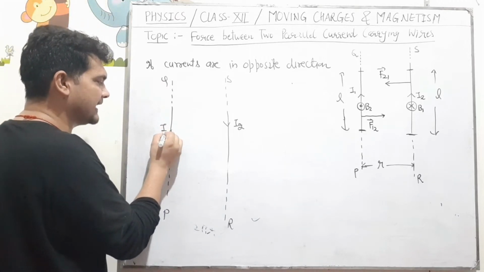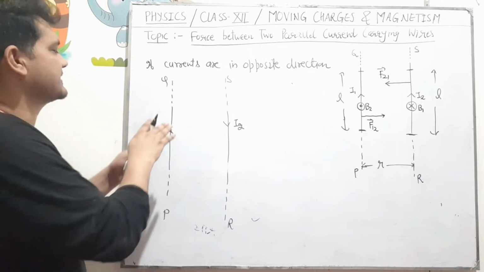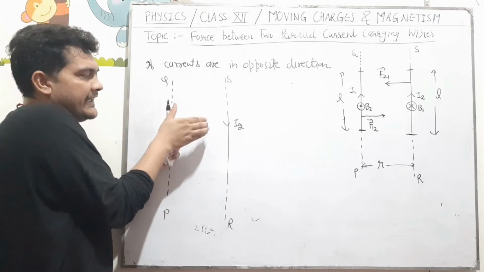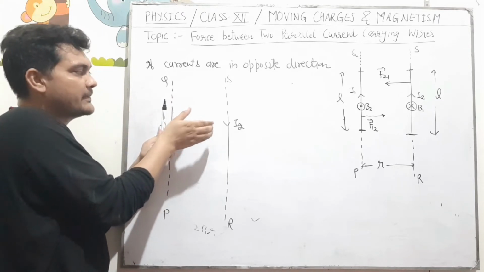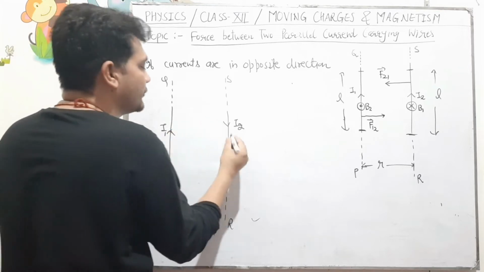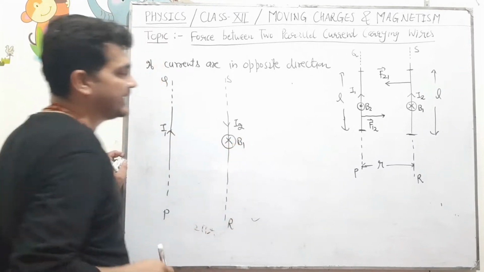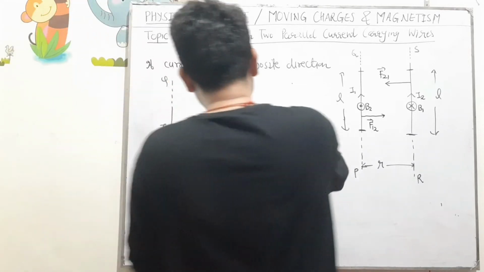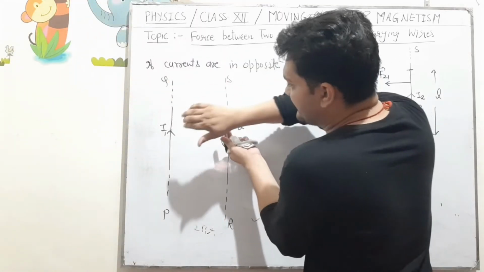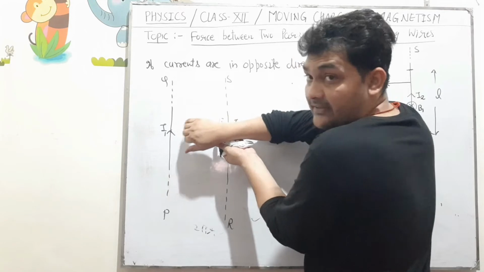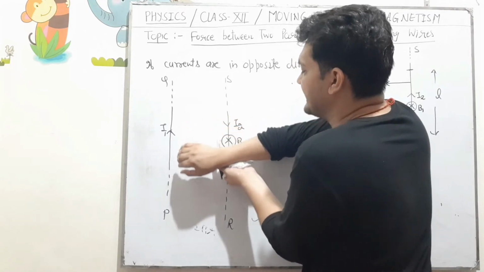If this current is in upward direction, then it will produce an inward magnetic field on its right hand side. So here the magnetic field B1 is inwards, and now in this wire the current is in downward direction. Therefore it will also produce an inward magnetic field on its left hand side.